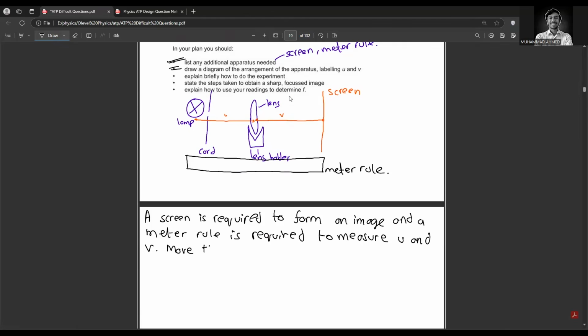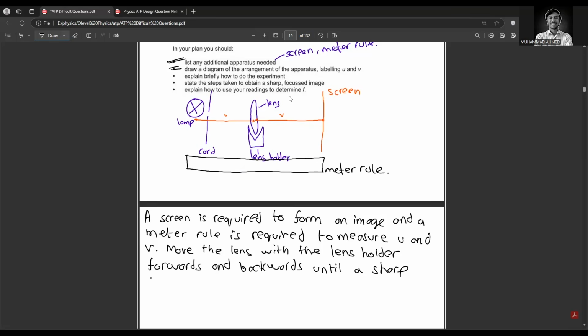Move the lens with the lens holder forwards and backwards until a sharp focused image is formed on the screen.